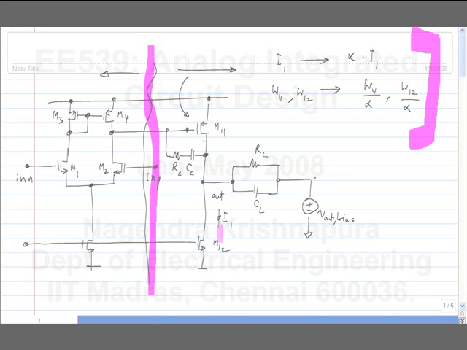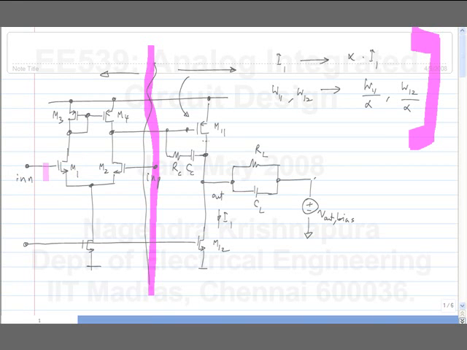Whether you take the input referred noise or the output noise, it doesn't matter. Which one will contribute more? First of all, generally it's always the input stage that contributes. If you look at the input referred noise, then the noise current here will get divided by the GM of M11 and the voltage gain of the first stage. Whereas the noise of M1 is divided only by the GM of M1.